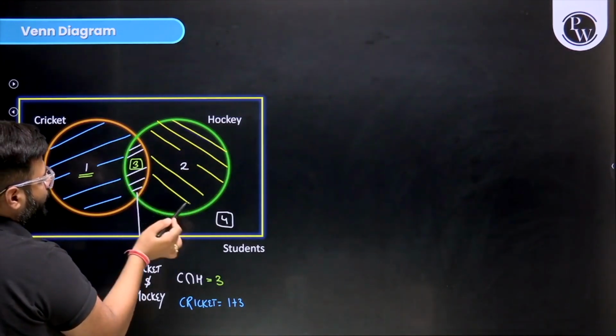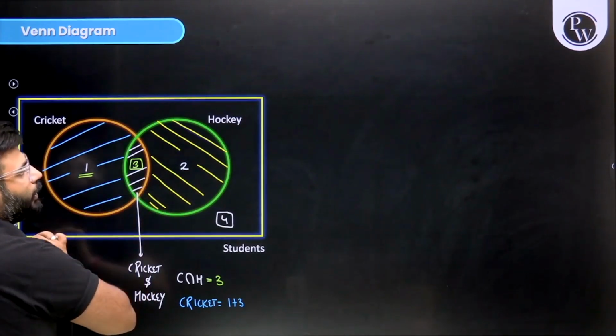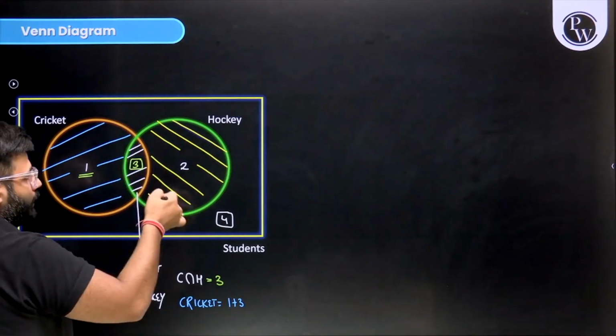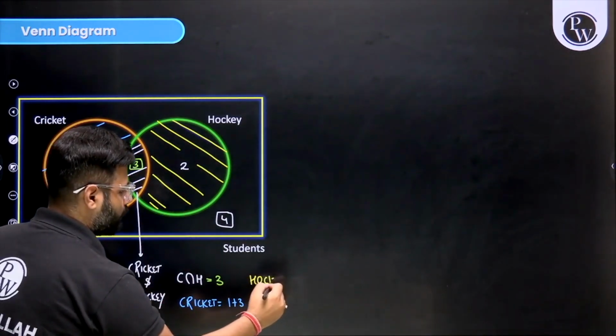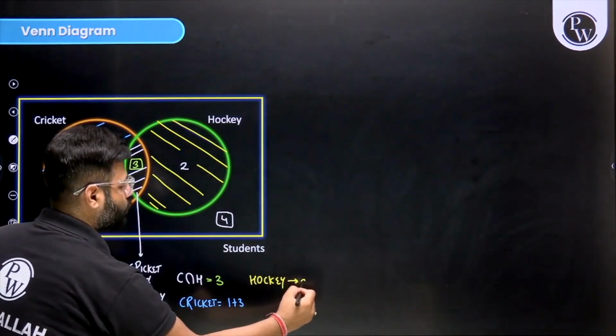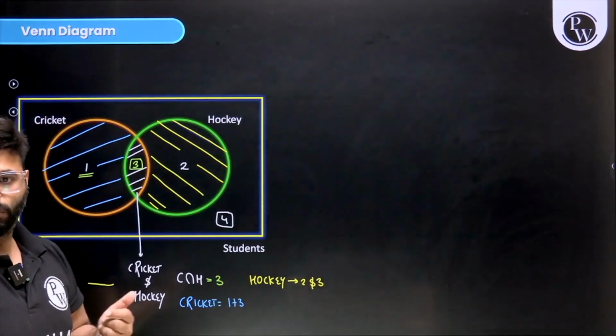Hockey simply means the entire green circle, and the entire green circle represents 2 and 3. This is also part of the green circle. The line goes from here. So if I talk about hockey, hockey represents 2 and 3. This is very important to understand the formula that is coming up, otherwise you will have to memorize it.